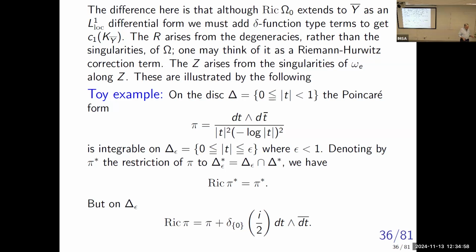So I'm thinking of a normal crossing divisor, t equals 0 would be the equation of the divisor. But it changes the shape if you multiply with an invertible holomorphic function, right? If you change the coordinates, basically all you can do is scale.